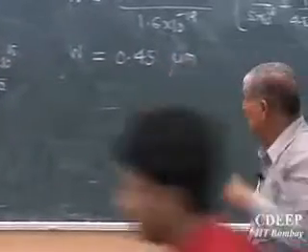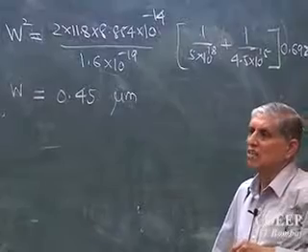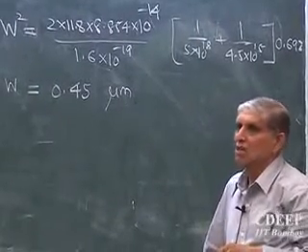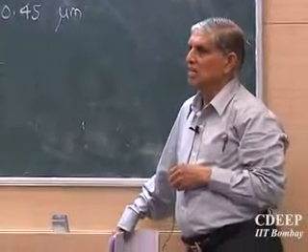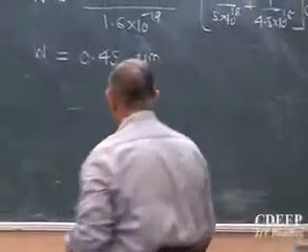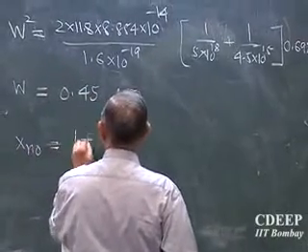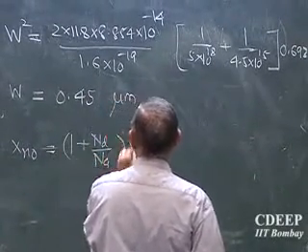So having shown that for a given PN junction, given any Na and Nd, I will be able to evaluate the depletion width. If someone asks me what is xn0 and xp0, I can rewrite this expression. xn0 is equal to 1 plus Nd by Na times W, inverted.